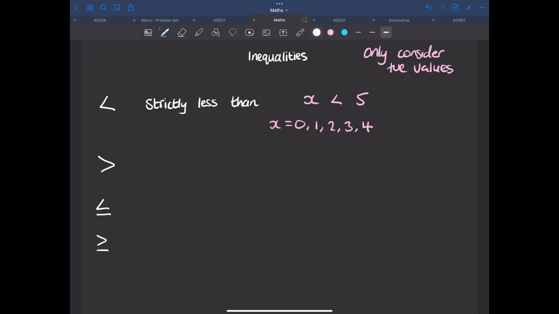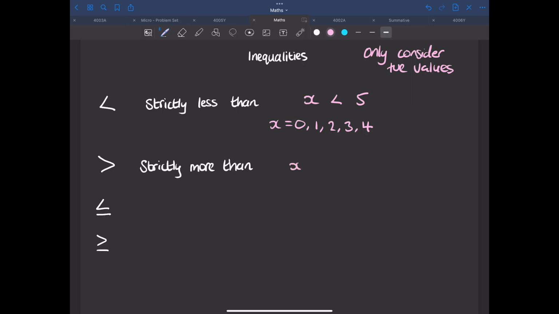Same thing with this inequality over here. It means strictly more than. For any given value, let's use 5 again.